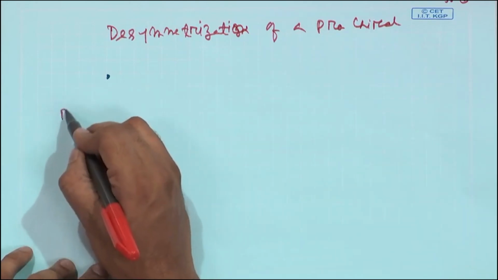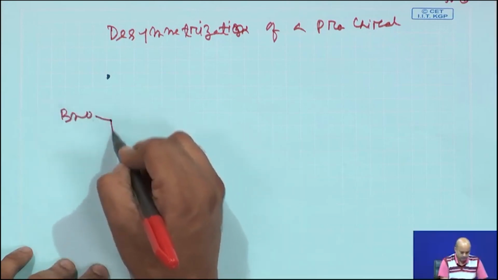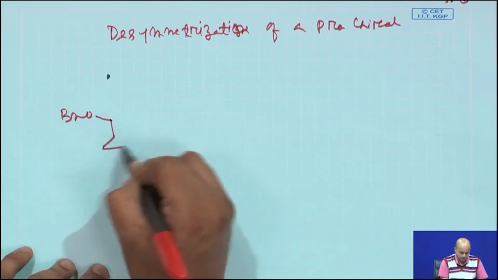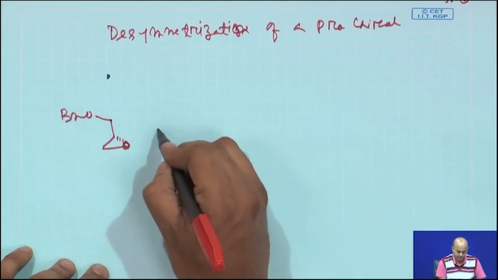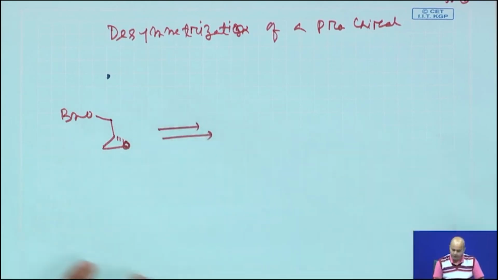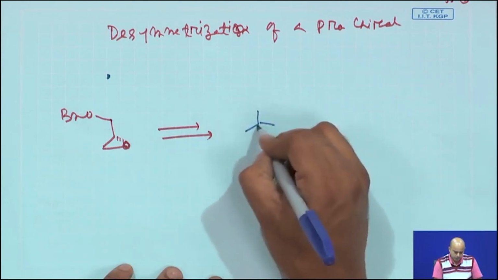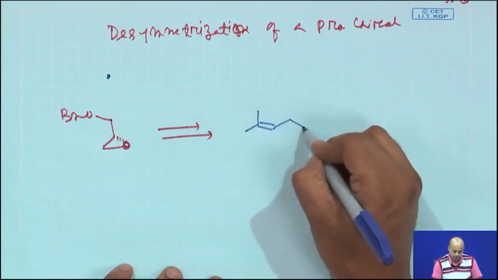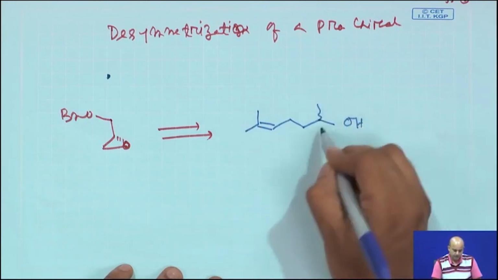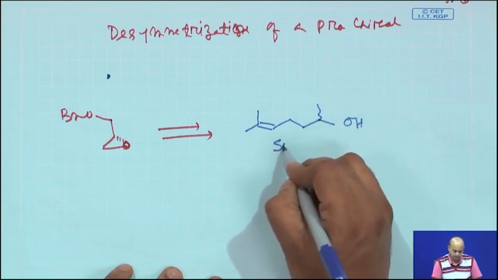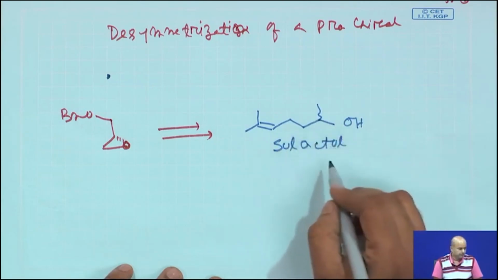Now, here is the next problem which I am giving to you. You have this epoxide. I am saying that convert this epoxide to both the enantiomers of the target molecule, this. Now, this compound is a natural product, its name is salactol.